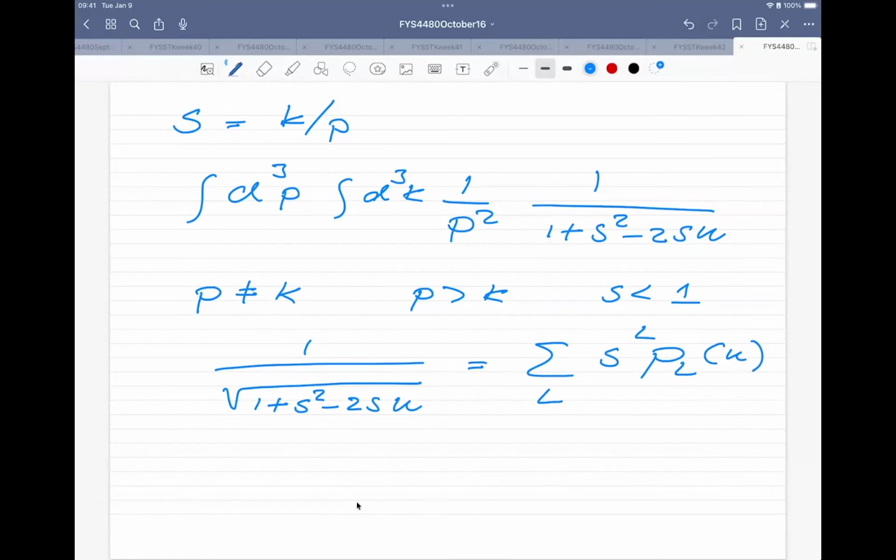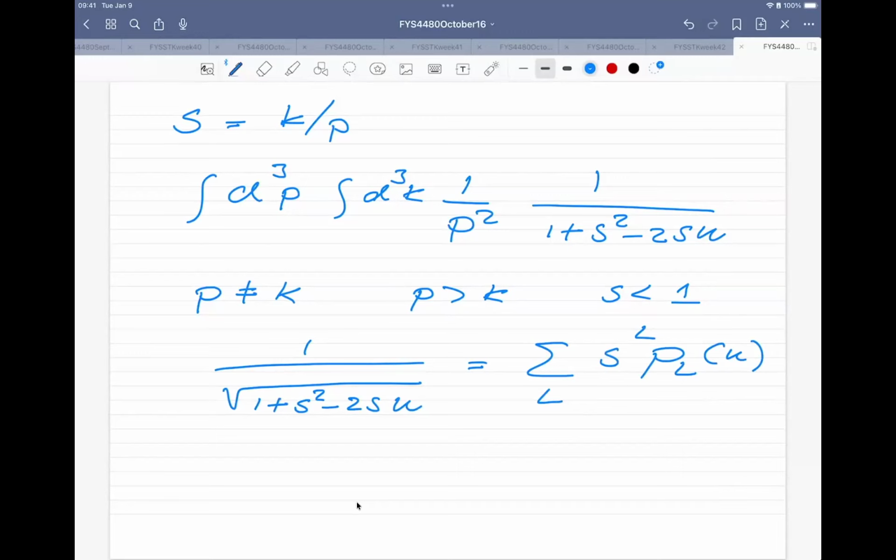Have you seen this expression before? So if you've gone through, let's say, a course in mathematical physics, and you study solution of differential equations, this is actually what's called the generating formula of the Legendre polynomials. So this P of L is a Legendre polynomial. And I guess that you've seen Legendre polynomials before, right? So this is one of these formulas.